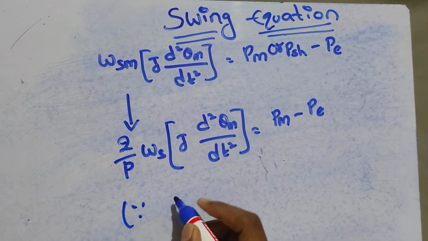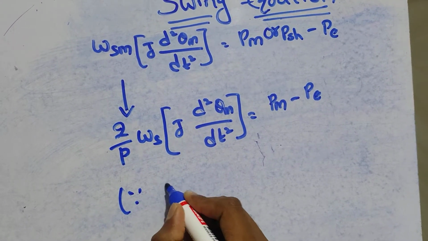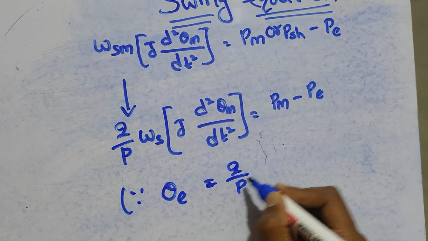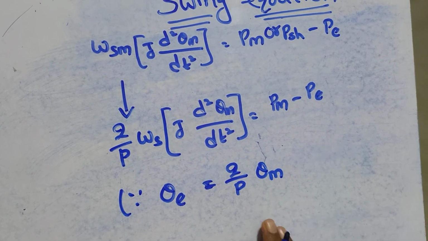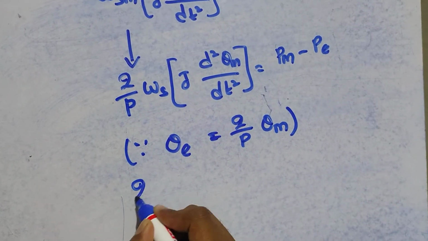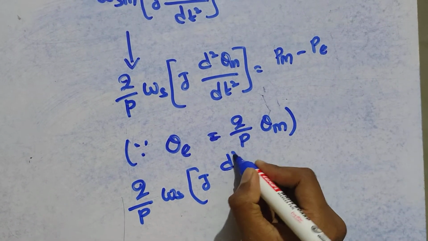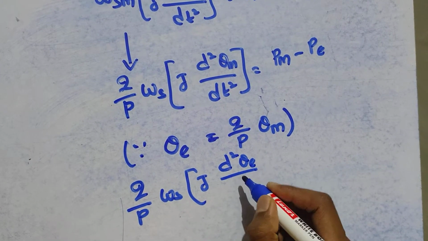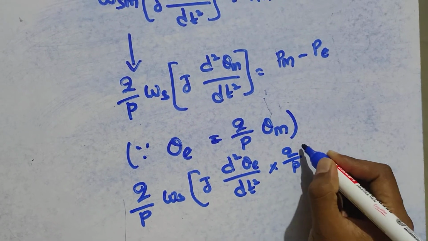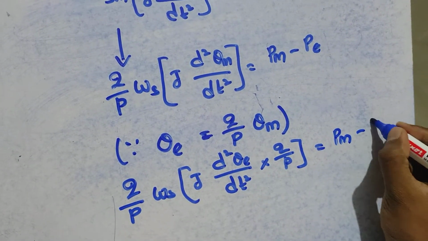As we know, the electrical angle theta E is equal to P by 2 times the mechanical angle theta M. So we have to substitute in this: 2 by P omega S J d square theta E by dt square into 2 by P is equal to mechanical power minus electrical power.